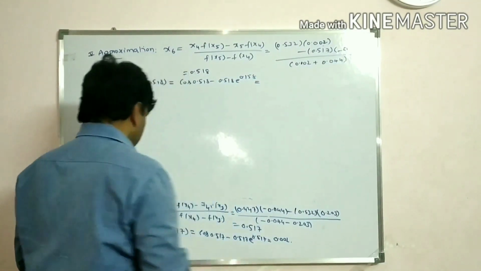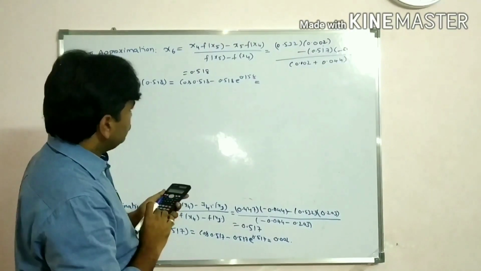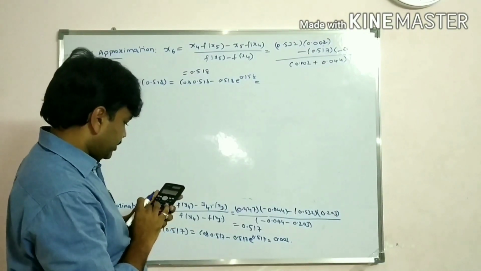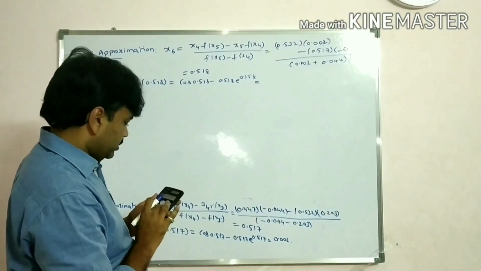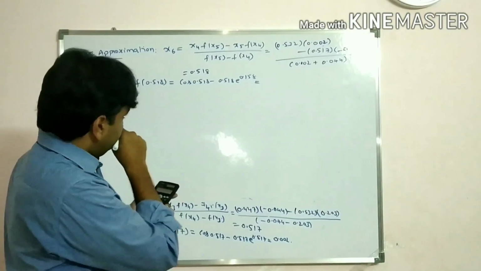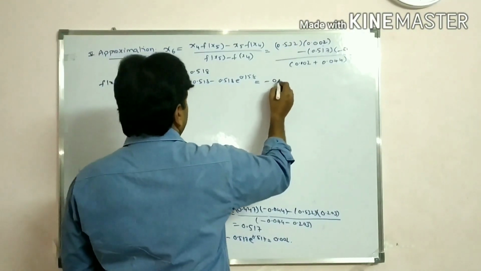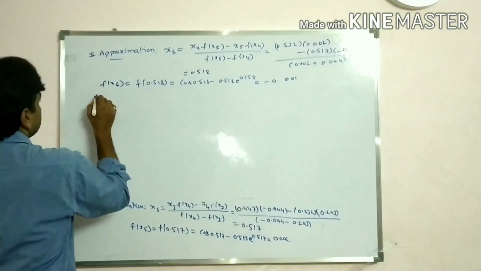So that is equal to, we get here minus 0.001.